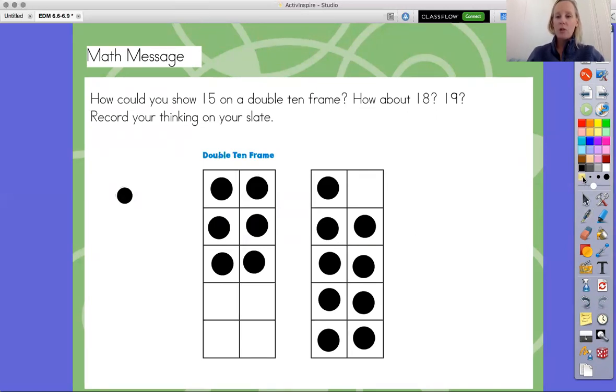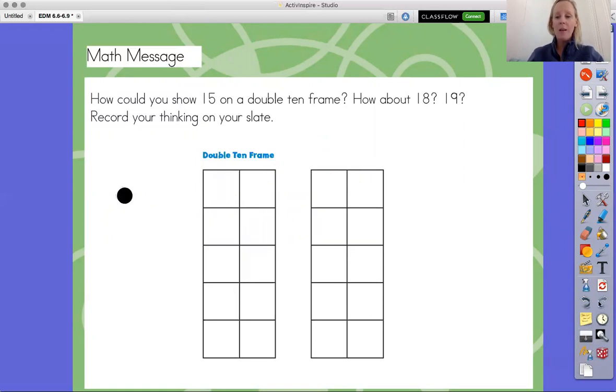I can picture moving this dot over into here to fill up that ten frame, but it's a lot clumsier. What I would want you to picture, if you were using two ten frames to show a number like 15 as a strategy for yourself, is going like this.